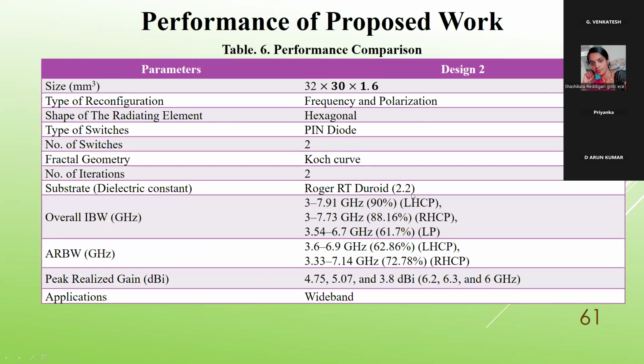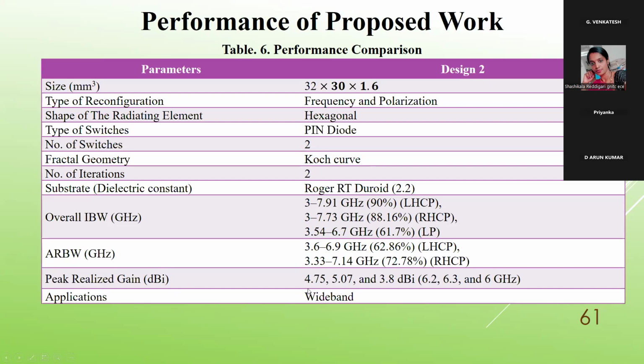Rogers is considered here as the substrate material, and LSCP, RSCP and LP polarizations are obtained with bands of 3 to 7.91, 3 to 7.73, 3.54 to 6.7 GHz, with impedance bandwidths of 90%, 88.16% and 61.7%, and axial ratio bandwidths of 62.86% and 7.78% for LSCP and RSCP.